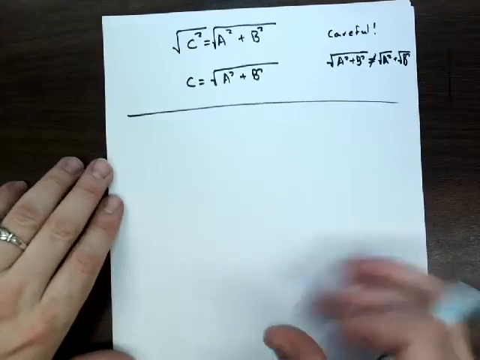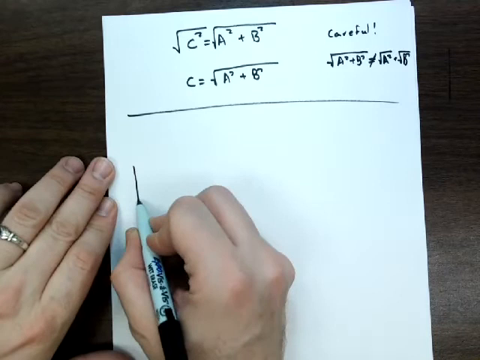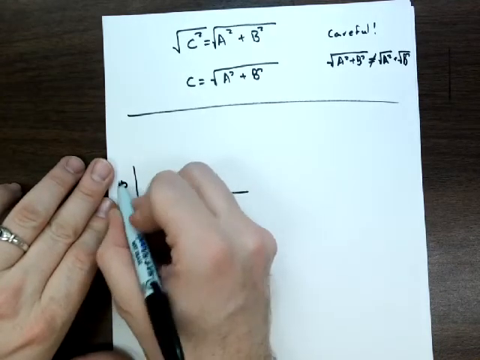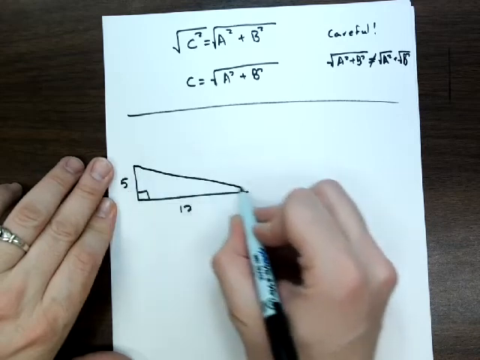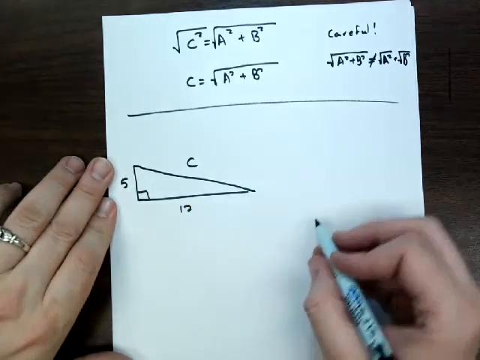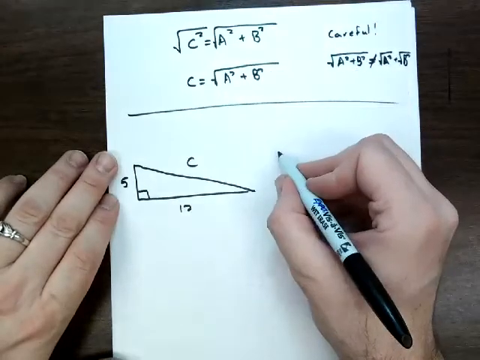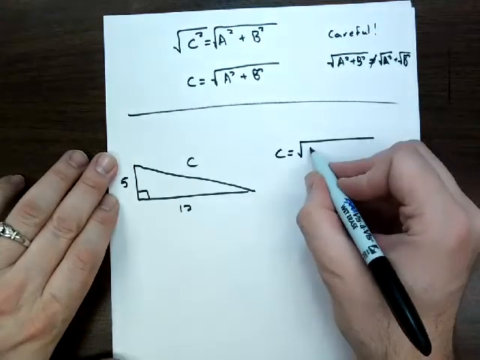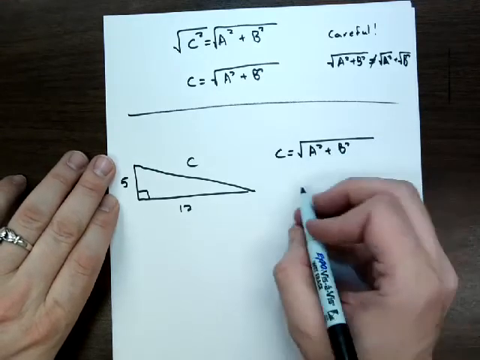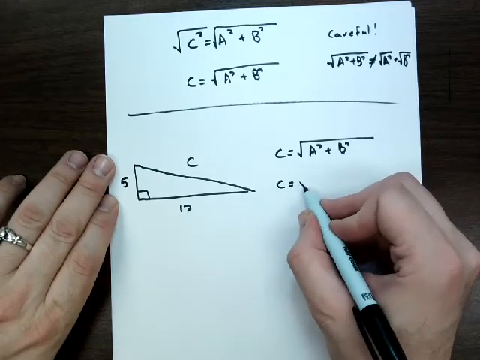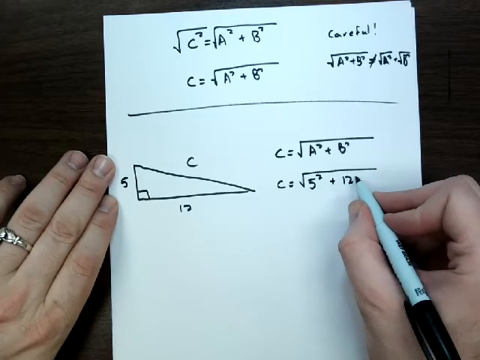But now let's go ahead and try another example with this. I'm going to give myself a triangle with legs of 5 and 12. And I'll say this is my C. So using this formula, where C is equal to the square root of a squared plus b squared, C is going to be equal to the square root of 5 squared plus 12 squared.